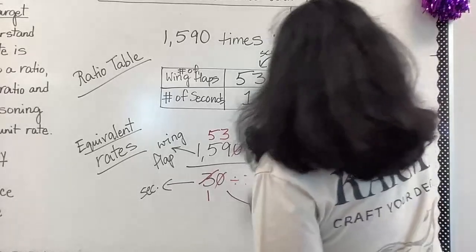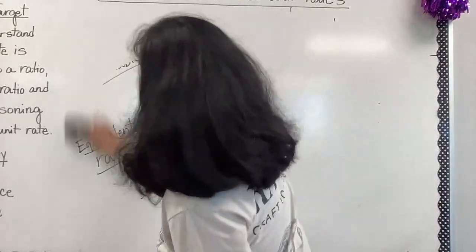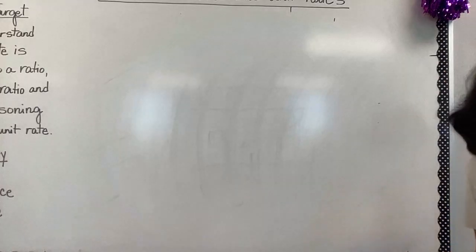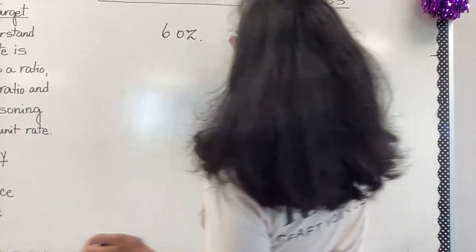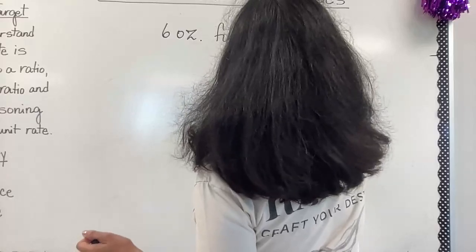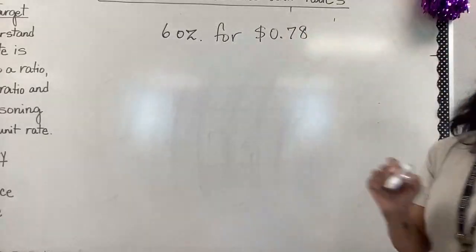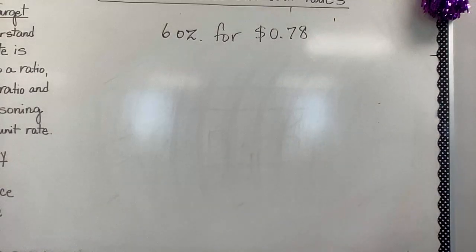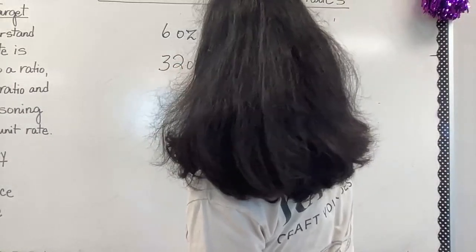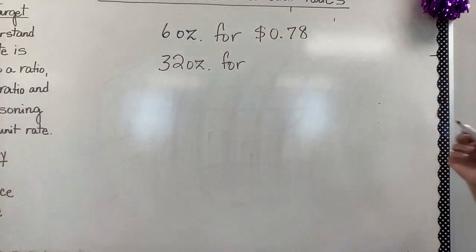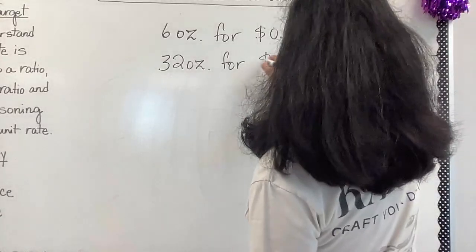Okay guys, for unit price, a grocery store sells a 6-ounce container of yogurt for 78 cents, and the store sells a 32-ounce container for $3.84.